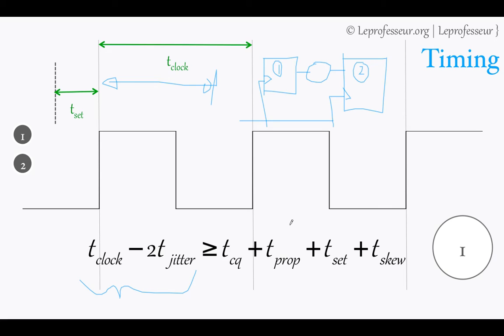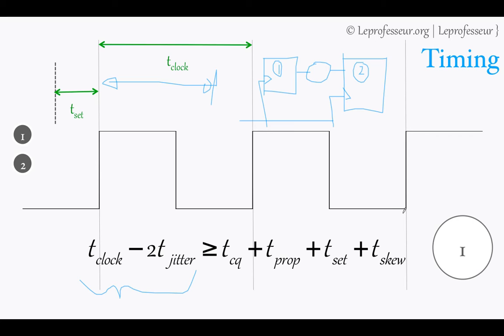Setup time means, as we discussed, this time window, and the skew. If we are talking about this flop, we get some skew in the clock. So that equation must be satisfied for the setup time constraint.